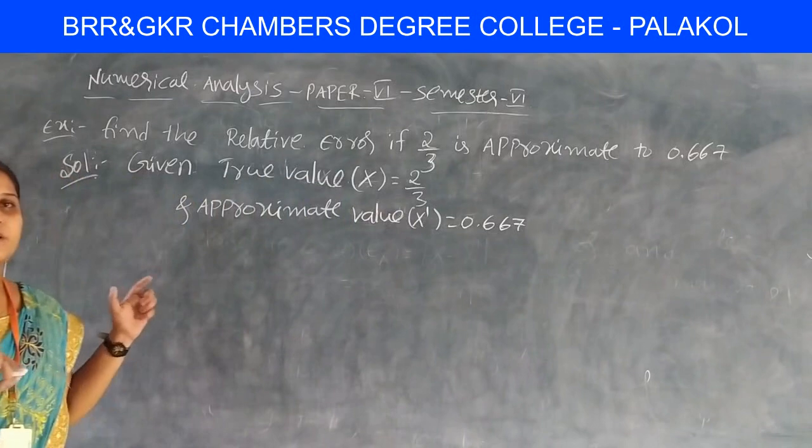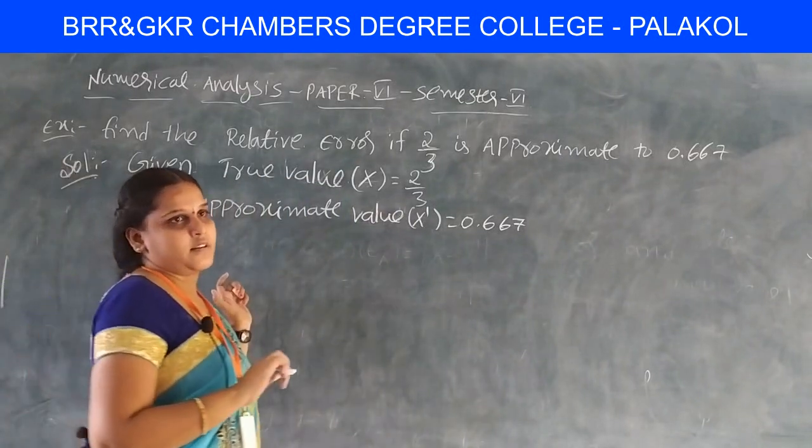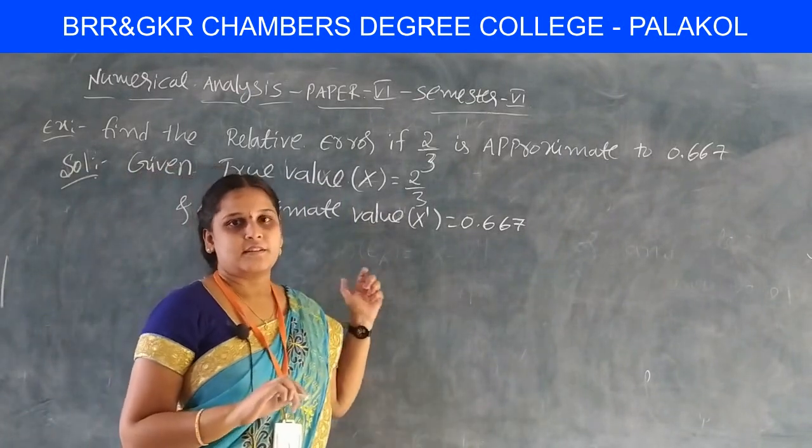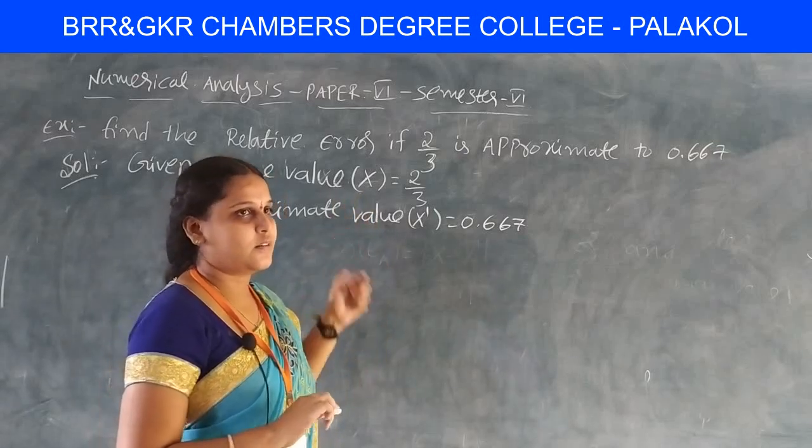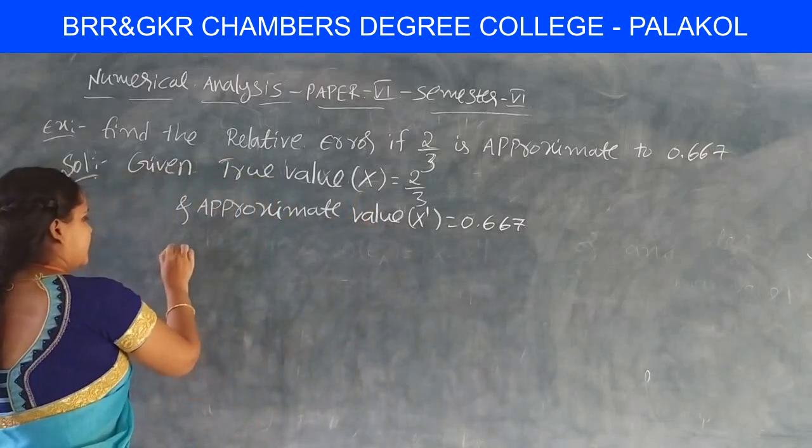First find the absolute error. What is absolute error? The absolute error is the difference between the true value and the approximate value.